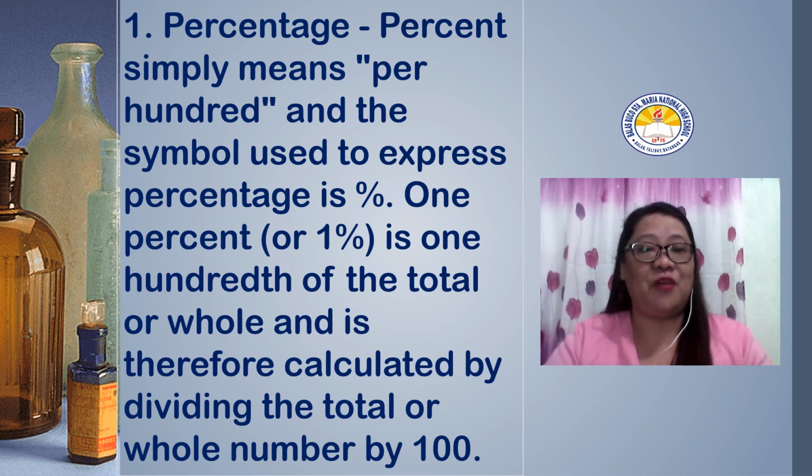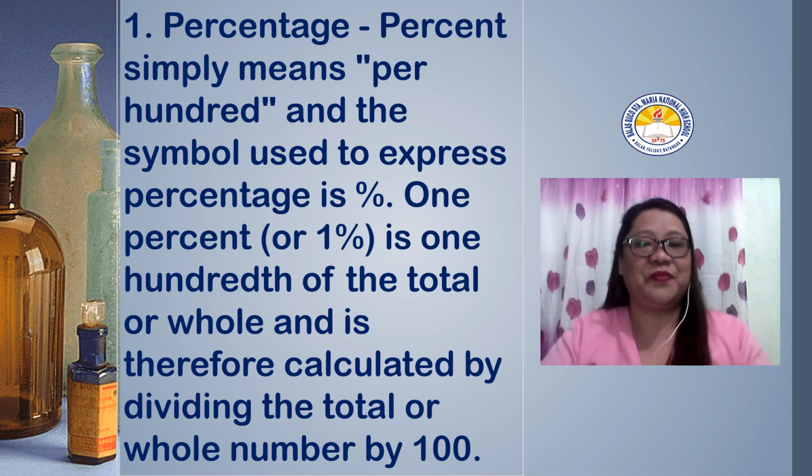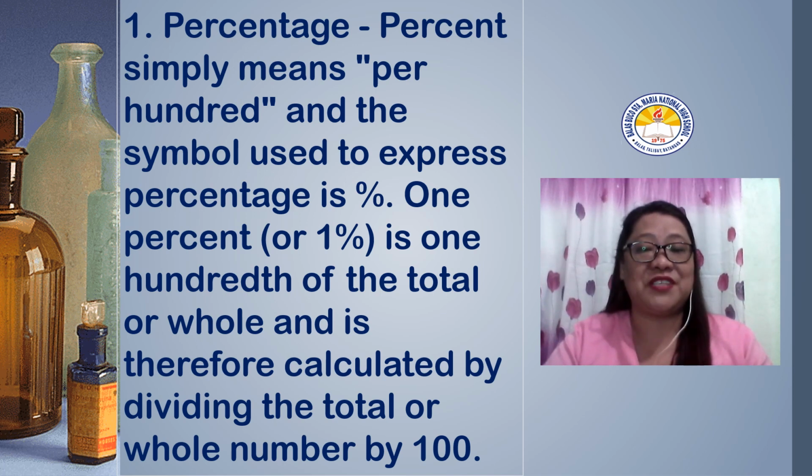First and the most common, percentage. Percent simply means per hundred, and the symbol used to express percentage is this. 1% is one hundredth of the total or whole and is therefore calculated by dividing the total or whole number by 100.